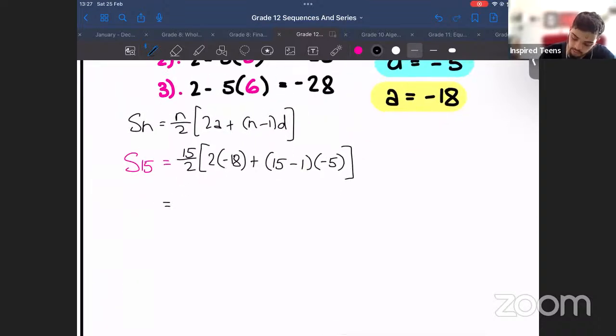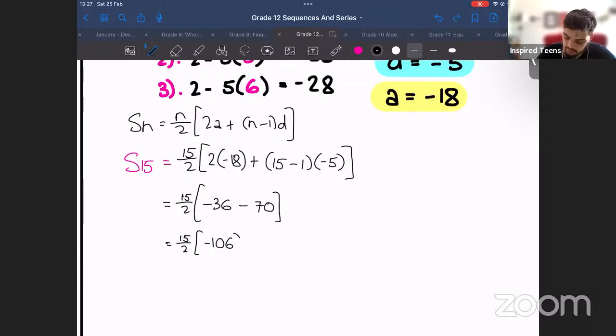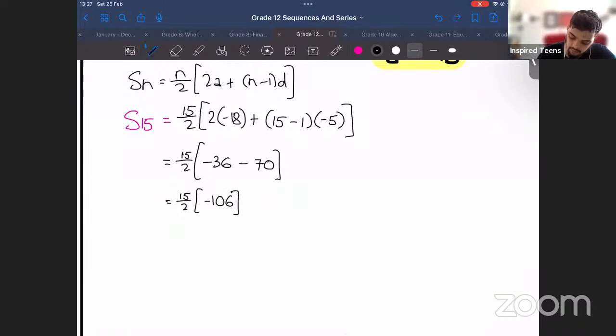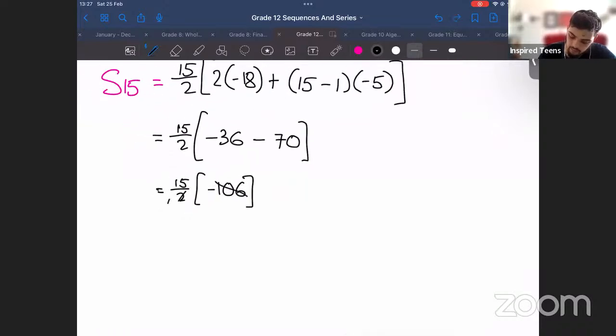Okay, you can put that all into your calculator. Essentially, you are going to get n over 2 times -36 plus 14 times -5, so minus 70. -36 minus 70 is -106, and then 15 times that. 2 goes into 106 fifty-three times.